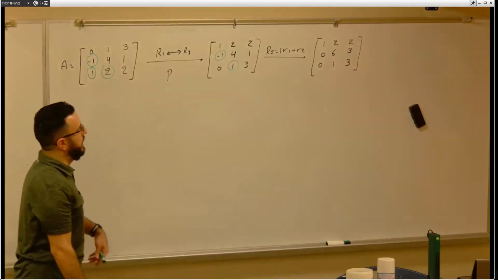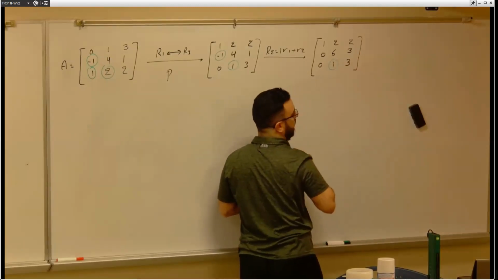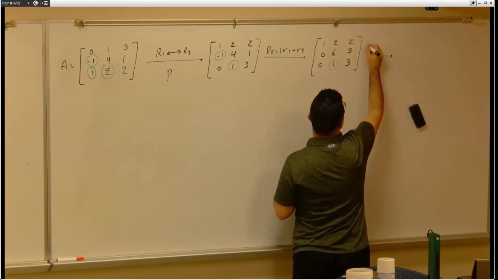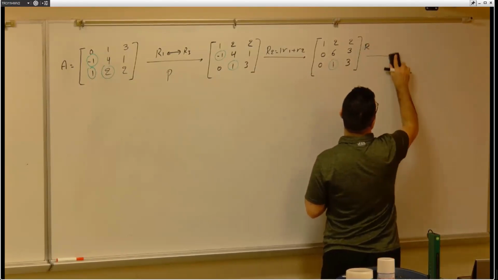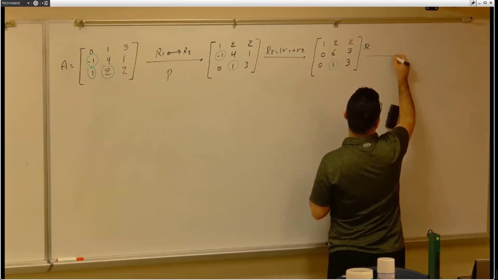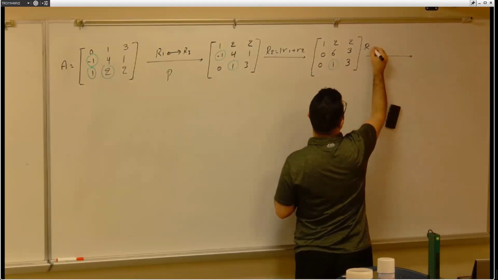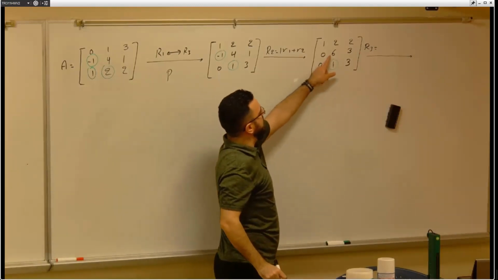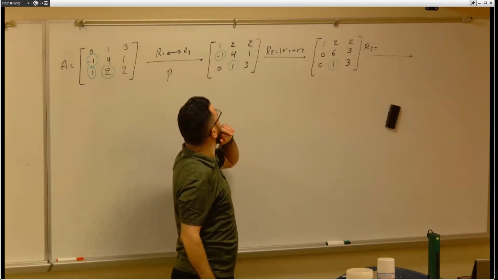We're going to keep going. Now our goal is to convert the 1 to 0. So how are we going to convert the 1 to 0? R3 is going to be... which number do you have to multiply by 6 so that when you add it to the 1, it's going to be 0?